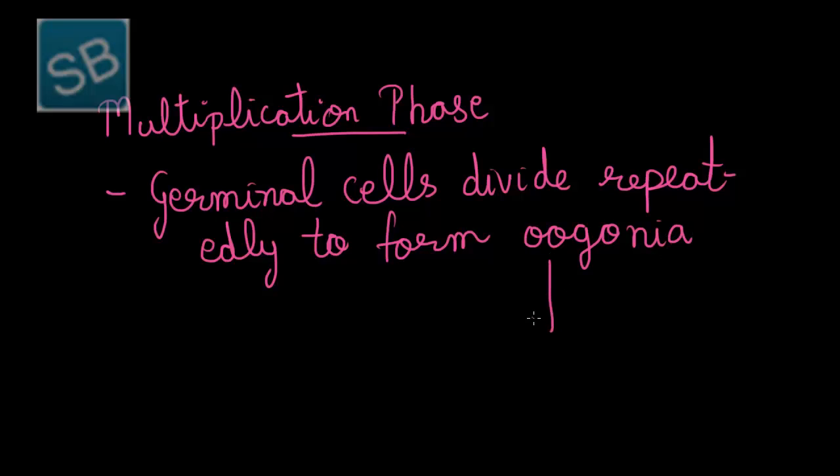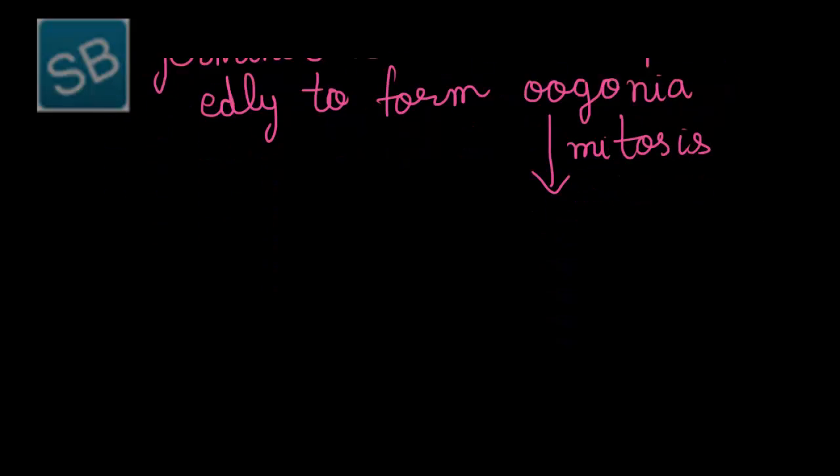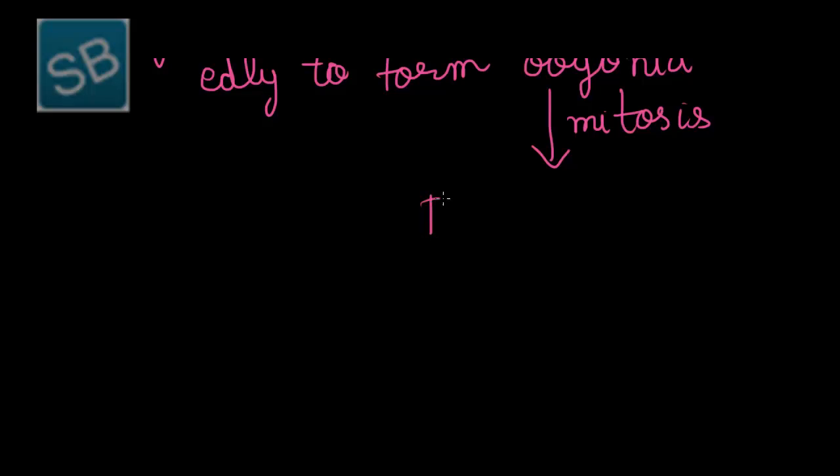These oogonia multiply by mitotic division, that is, by undergoing mitosis. It forms a large number of primary oocytes. It is these primary oocytes which enter into the next phase, that is, growth.